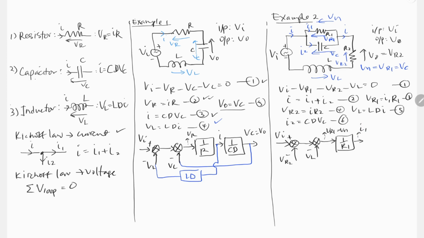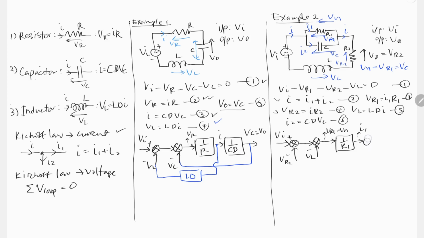Now we have to have the output on the far right, which is V0 or VR2. So VR2, equation number 4: if you can find where I is in the system, then you multiply with R2. Now from the Kirchhoff current equation at the junction, how to get I from I1?